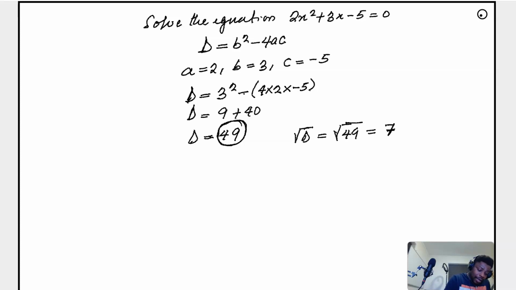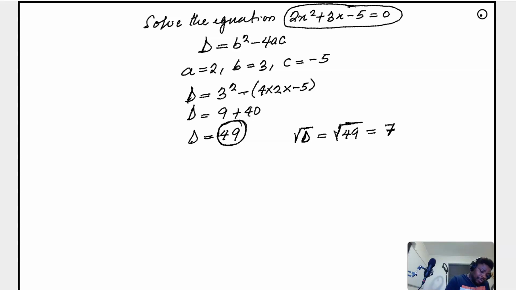So whenever the square root of your D is a number that is not decimal, that is what it means, then it means that you can factorize without stress. Okay, so in this case, I can use the factorization method for this. So this is how to know when to use the factorization method.